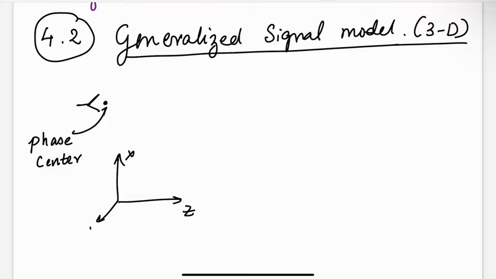Let's say this would be X and this would be Y. Okay, so in this coordinate system, I will call this point R prime, which is given by X prime, Y prime in Cartesian coordinates.